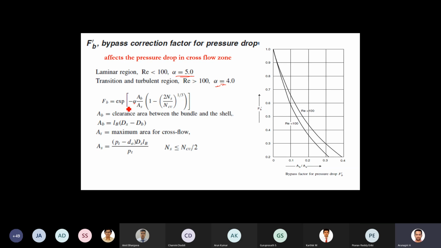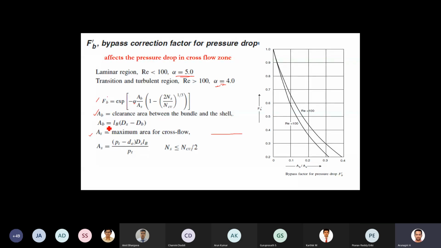So FB is equal to exponential of minus alpha, same formula, AB by AS times 1 minus the cube root of 2 NS by NCV. You know what AB is: the clearance area between bundle and shell. You know what AS is, the maximum area for cross flow based on the bundle diameter. Then this alpha can be chosen based on Reynolds number. Using this expression you calculate the FB dash.